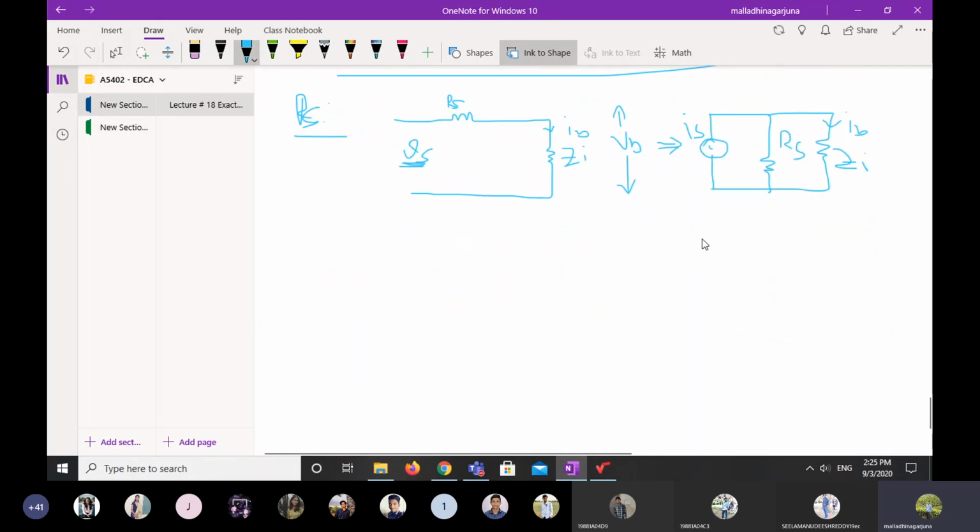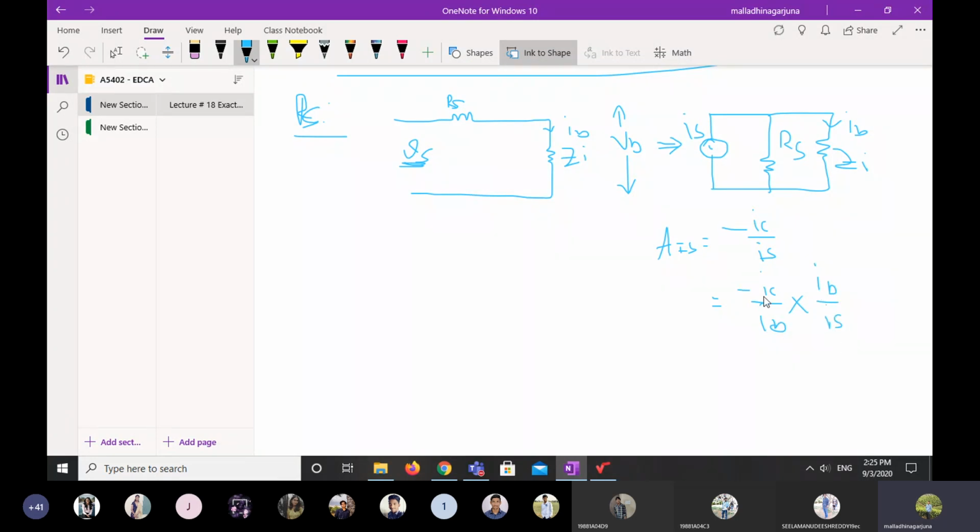Okay, so now apply. The current gain AI is equal to minus IC by the input current. With the source, the input current is Is, so AIS is minus IC by Is. I can write this as minus IC divided by IB, into IB divided by Is.